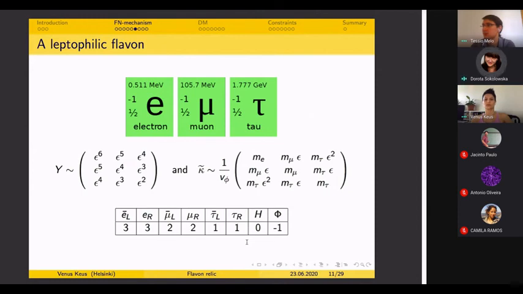But there isn't any fundamental reason for it. They can be whatever.